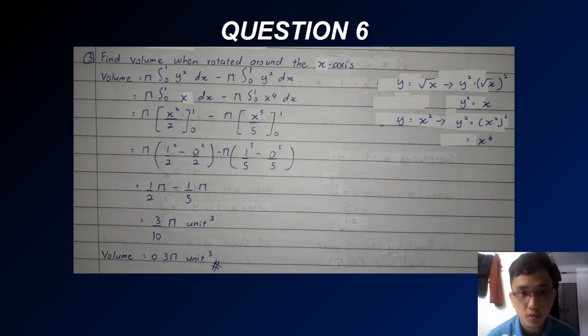In step 3, we want to find the volume when the graph is rotated around the x-axis. This is the formula of the volume: pi integration from 1 to 0 of y power 2 dx minus pi integration from 1 to 0 of y power 2 dx.